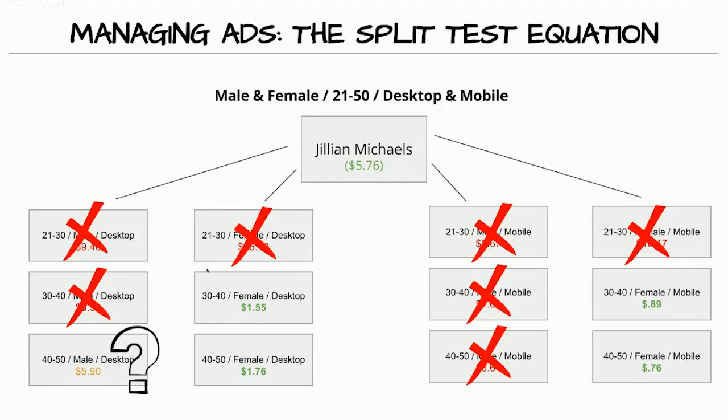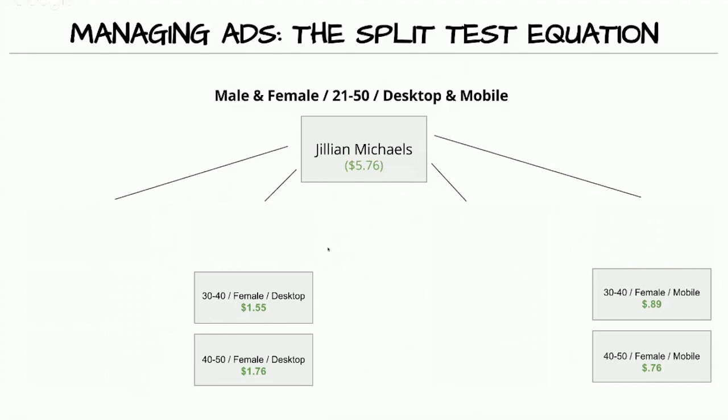And now we can also decide, okay, do we want to keep this one? It's in the middle, is our product high priced enough to keep it? Whatever. You make that decision. So now what we're left with, we've turned those off, and we're left with these 4 audiences, all the same ad, but these 4 audiences that are all converting at fantastically low cost per conversion, which is awesome. As long as our funnel and our sales process is set up, we're going to make a lot of money, okay?